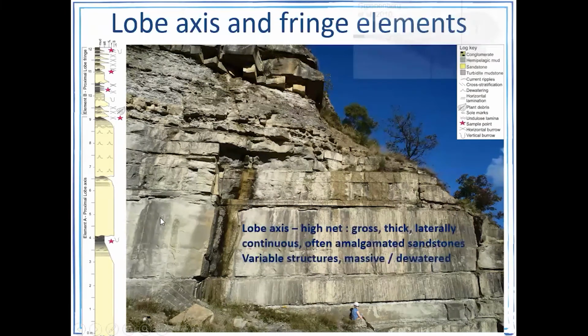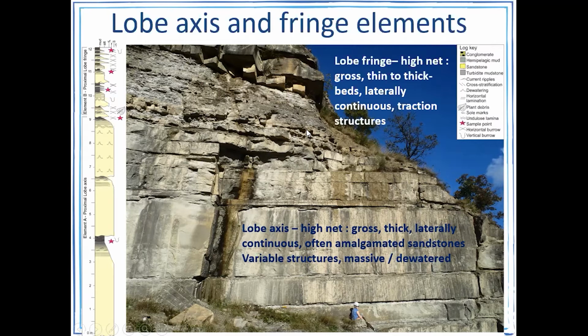Firstly, looking at the deposits of the lobe axis, we have these thick beds with the highest net to gross, the highest sand proportion, and these deposits are often amalgamated. We see various traction structures towards the tops of beds, but they're often dewatered, and they may show both a vertical but also lateral transition into thinner bedded deposits with a slightly lower sand content. Mud caps may be present now, and a lot of traction structures we would interpret as being the deposits of a lobe fringe.